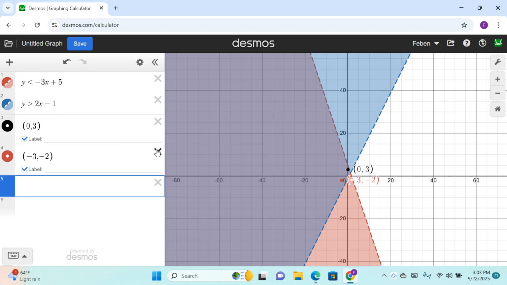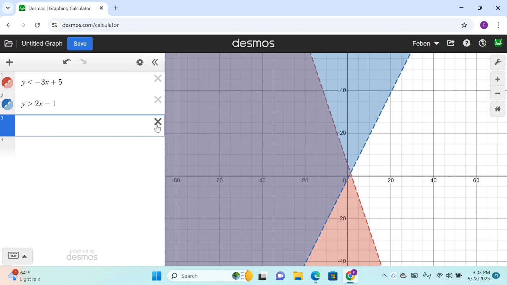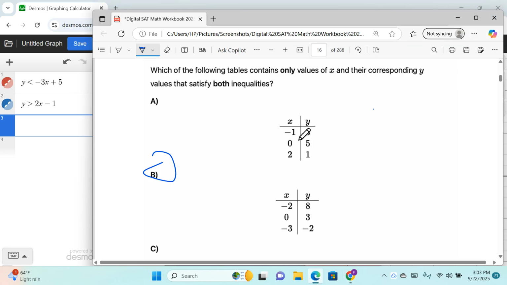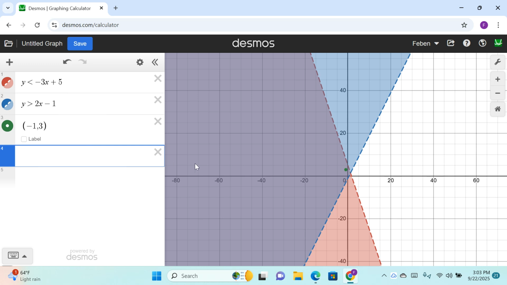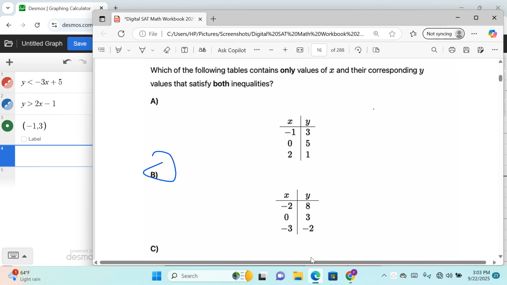Just to check, we can also check option A. Option A: negative 1 comma 3. Negative 1 comma 3 is a point found in our intersection, so it is possible.